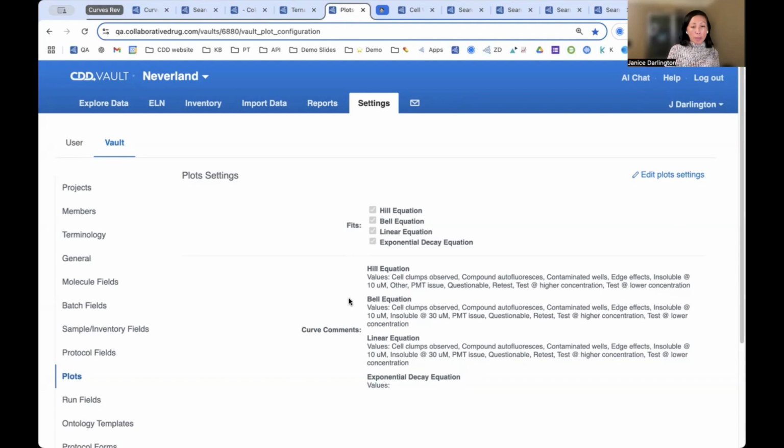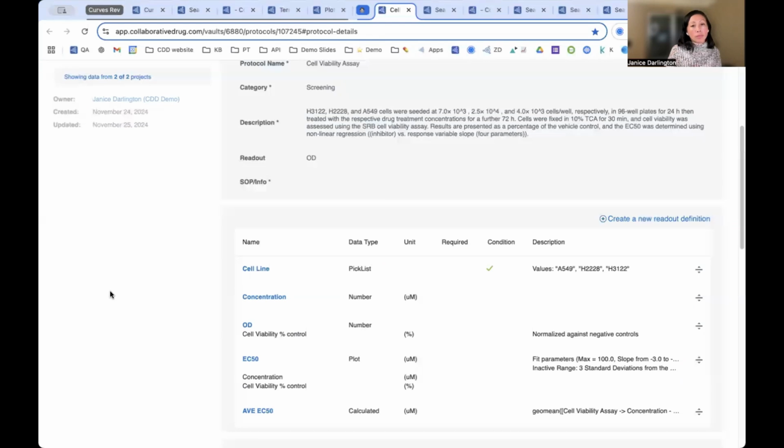Now, in terms of curve comments, you can create a pick list of curve comments to now annotate your curves. These are what I have available for my Hill equation, Bell equation, linear equation. I have yet to create anything for this exponential decay equation. As I said, Hill and Bell equation are available to you today. Soon to be available are the linear and exponential decay equations.